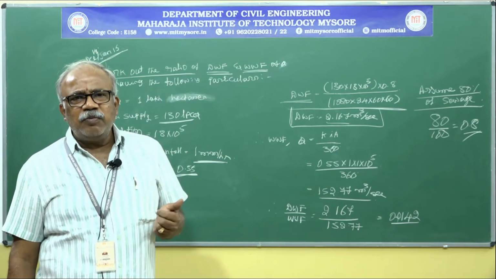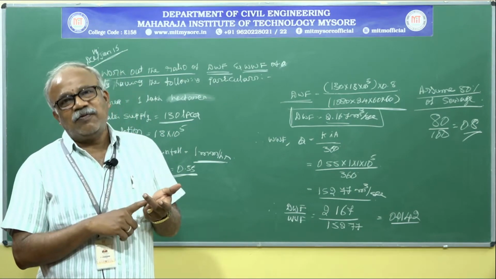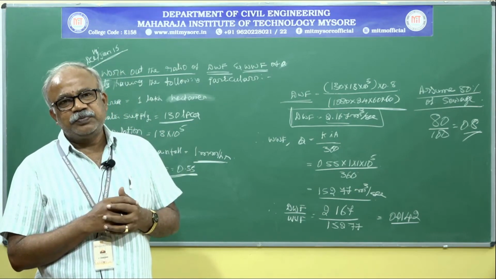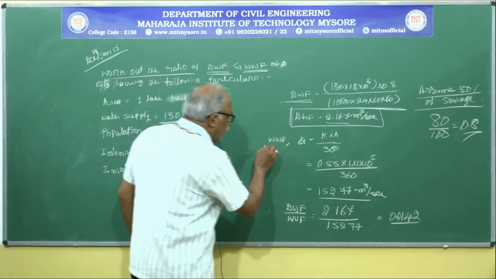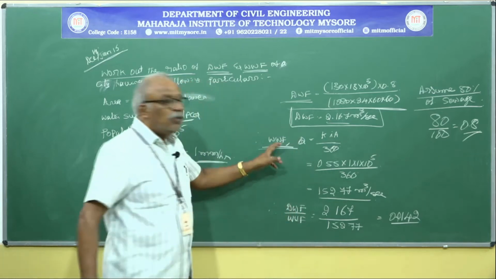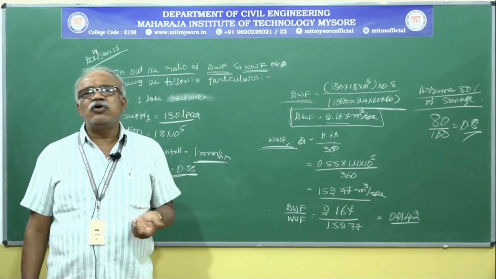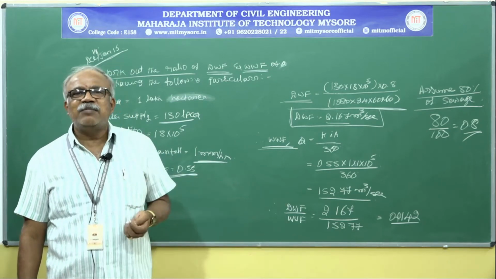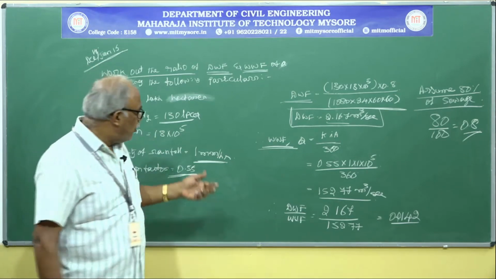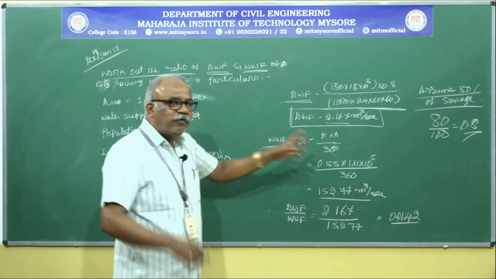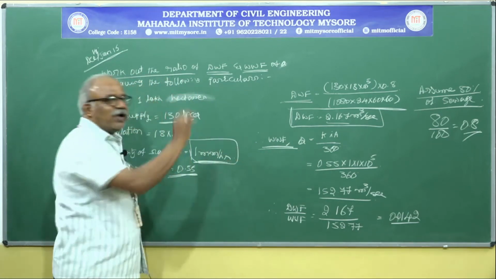In this problem, I want to calculate the ratio of dry weather flow and wet weather flow. After knowing the dry weather flow, I will directly move on to wet weather flow. How to calculate the wet weather flow? You know that, because even in the last class I mentioned it very clearly, and once more, because the equation is fully based on the intensity of rainfall.